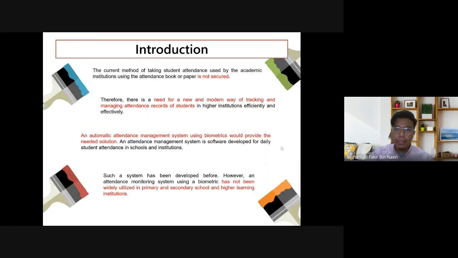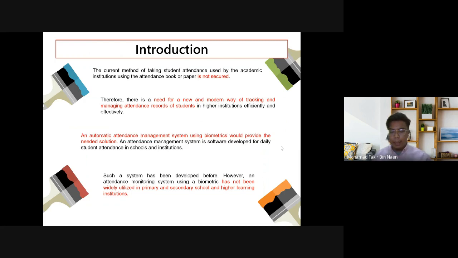Okay, let's get started. The current method of tracking student attendance used by the academic institution, using the attendance book or paper, is not secure, and this method will allow students to cheat.